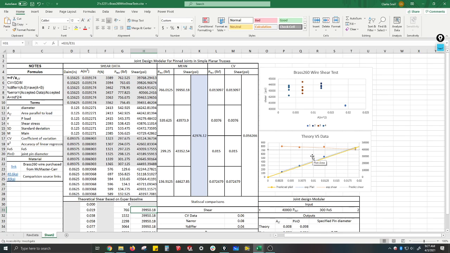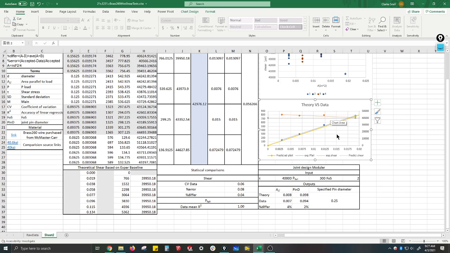Then we plotted the data to compare to those theoretical lines. The orange is our data shear, the shear values that you calculated. And here it's the load versus the cross-sectional area in blue.